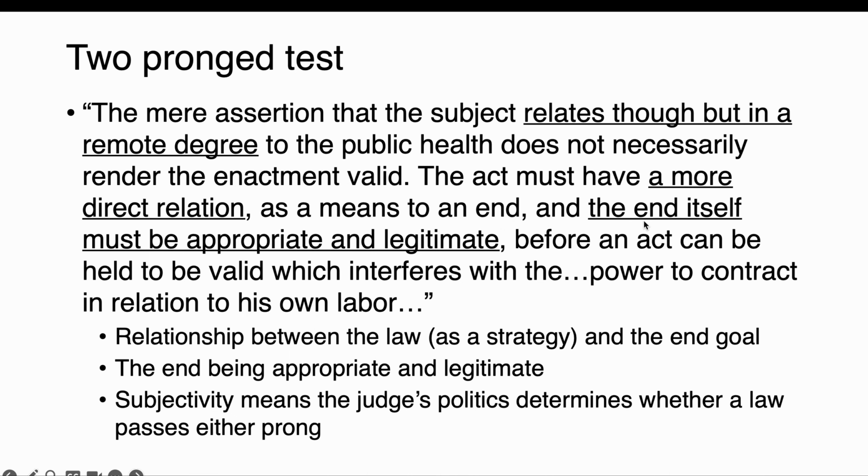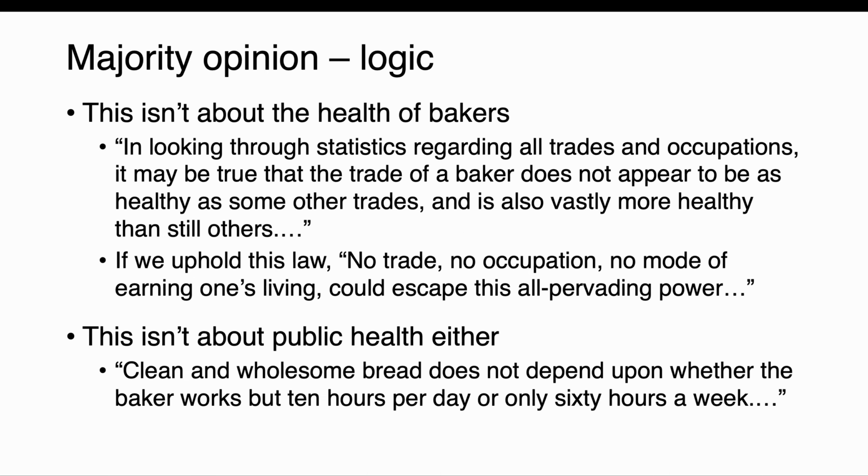And then you also must be able to justify the end goal as appropriate and legitimate. But proving that something has a direct relationship and that the end goal is appropriate and legitimate, that's pretty subjective, right? And so you end up with a situation where a judge's politics could really end up being the determining factor, right? It allows a judge to be like, yeah, no, I'm pretty sure, just based on my very limited expertise, that clean and wholesome bread does not depend upon whether the baker works but 10 hours a day or 60 hours a week.